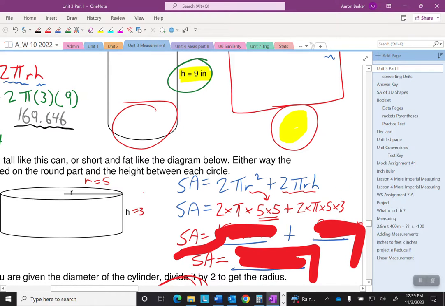Did you get that one? Okay. So now what you want to do underneath, you want to multiply this together and write your answer below. Okay, multiply the front part, get your answer below, then multiply the second part and put your answer below. Okay, so do that. Multiply the first part, put your answer below. Multiply the second part, put your answer below.